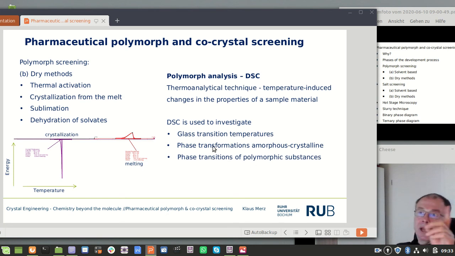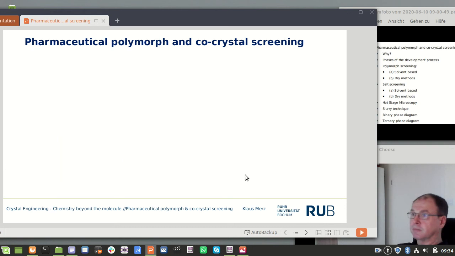And coming back to polymorph screening, is there a transition point, a phase transition of a polymorphic substance? So you see this method is a standard method in solid characterization in organic chemistry, if you really want to learn more about your compound regarding crystallization and melting process.